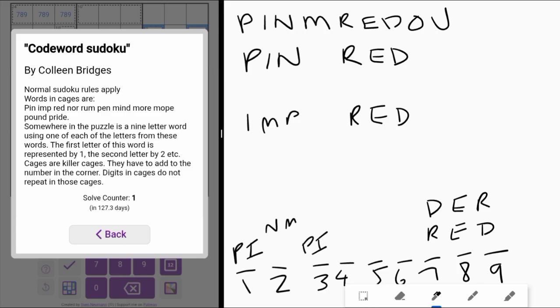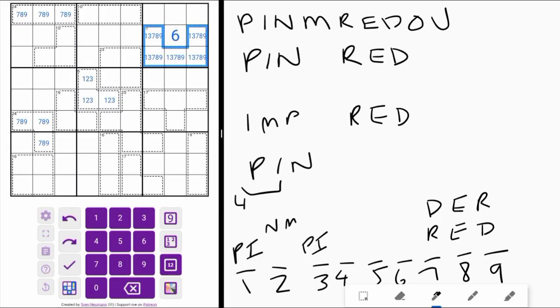So let's look at, we know the P and the I, so let's look at pin. If we know the P and the I has to add up to 4, what could the N be? Could be the 2 to make 6. If it's not the 2, what else could it be? P, I, 3, 1.